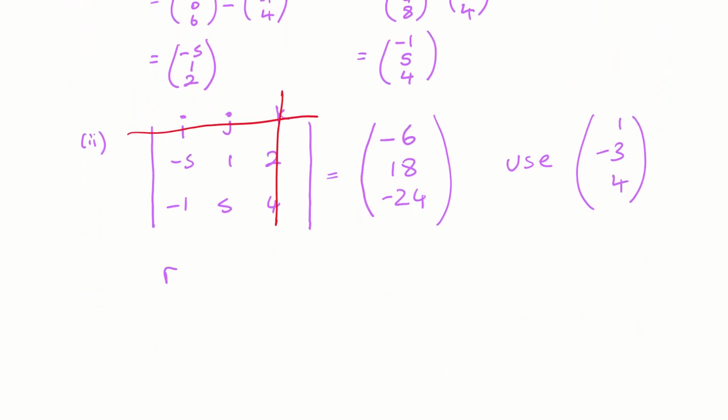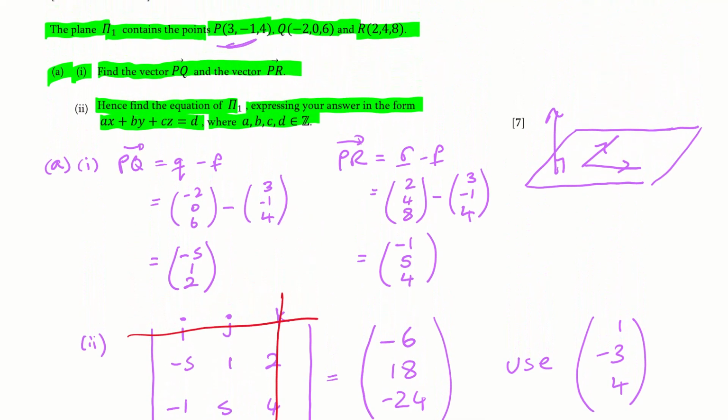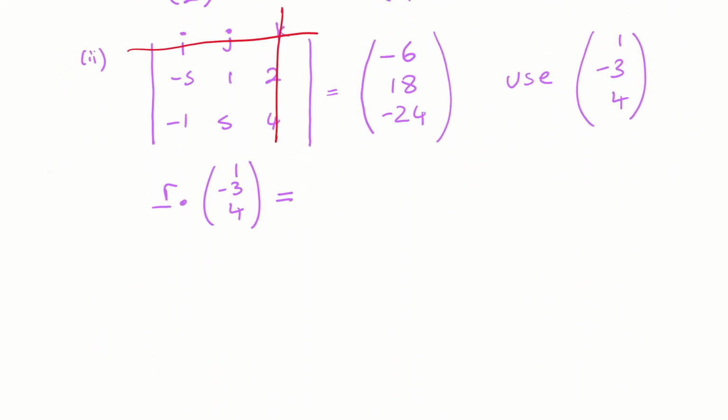Okay, so r dot (1, -3, 4) is going to be equal to, we can use any of the points we know is in the plane, so I'll just use P. So that will be (3, -1, 4) dot (1, -3, 4). So it's just r dot n equals a dot n.